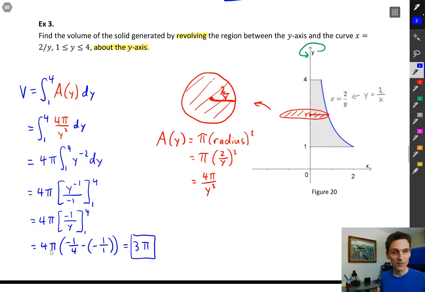And if there's anything better than 1 pi, it's 3 pi. This is actually really interesting, though. The volume of that solid that's generated by rotating this region about the y-axis turns out to be something simple like 3 pi. It's really pretty amazing, considering all the little variations of the shape as you're scanning across that solid.